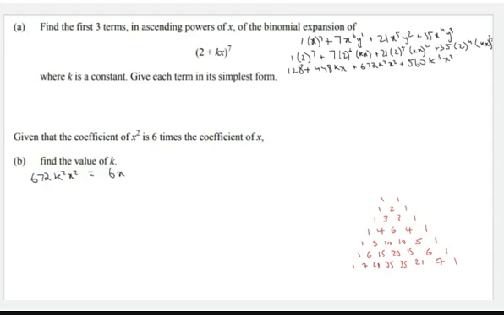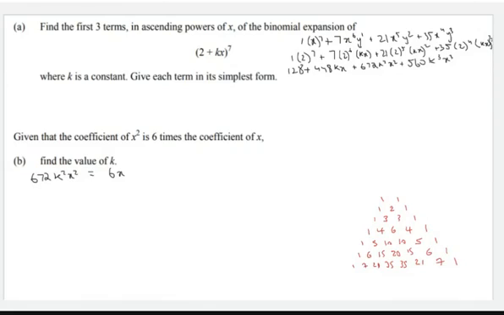So with this, you're probably better off just taking the coefficients. So the coefficient of x squared was 672k squared, and then you can write that without the x squared.